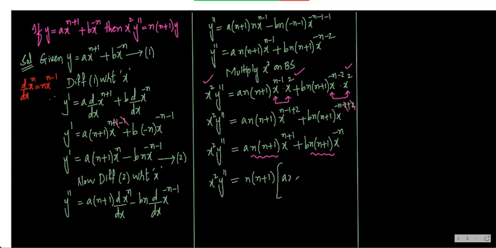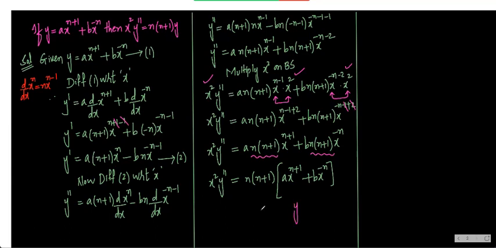A x power n plus 1 left off plus b x to the power of minus n left off, which is nothing but, you can see our question, this value is y, this value is y. So then you can see this total value can be written as y.